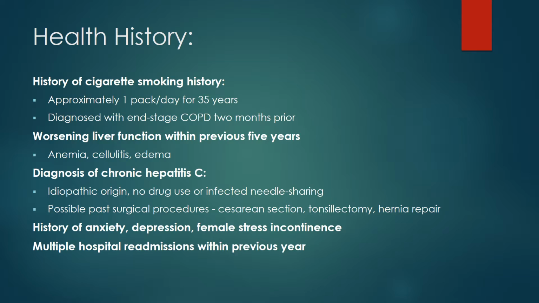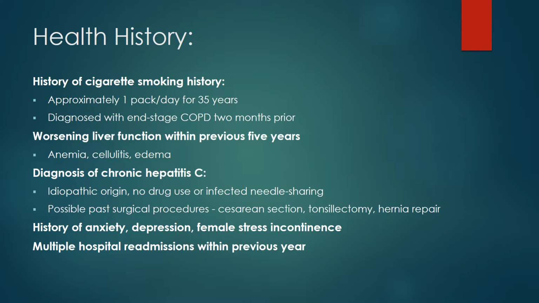With stage 4, you have less than 30% of your FEV1, which is a lung function test, which tests the forced expiratory volume within 1 second. So less than 30% for that FEV1 testing.